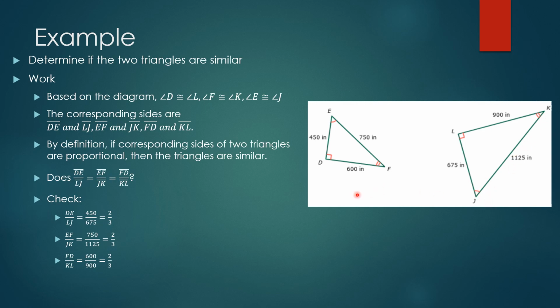And then we finally have FD over KL, which gives another 2/3. Since each ratio simplifies to the same value, they are proportional, and since all three ratios reduce to the same fraction, the triangles are similar by definition.